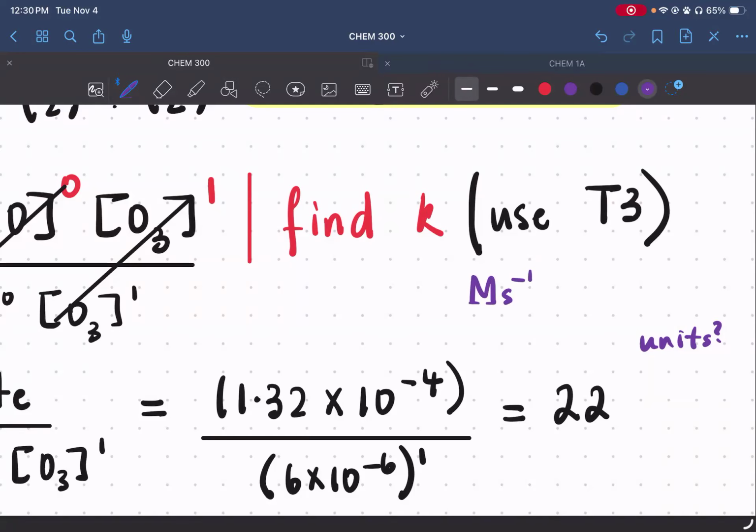We had rate on top, and on the bottom, we just had molarity. I'm just using these units as in the equation. Rate on top, concentration on the bottom. Molarities cancel each other out. We're left with 22 per second.